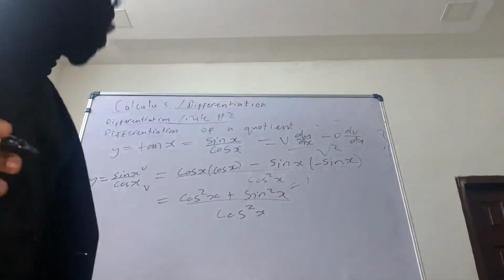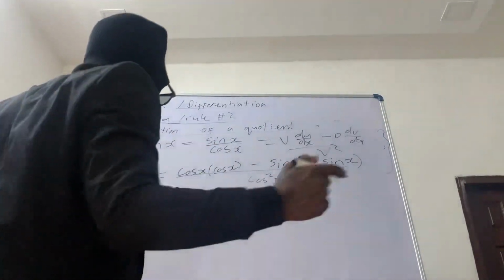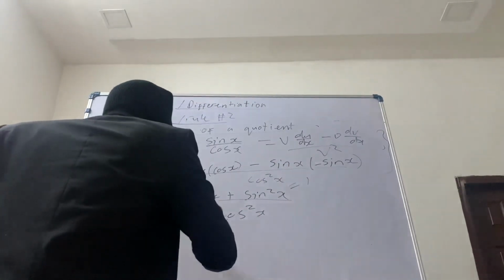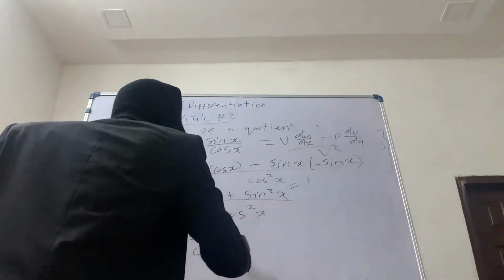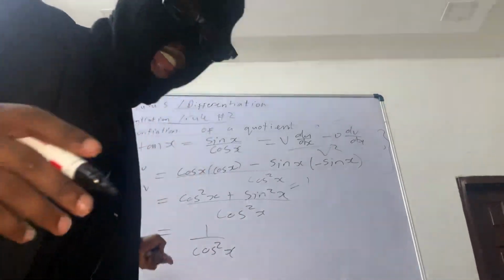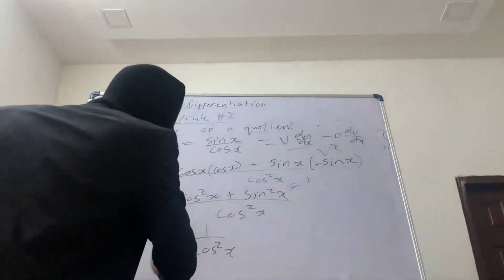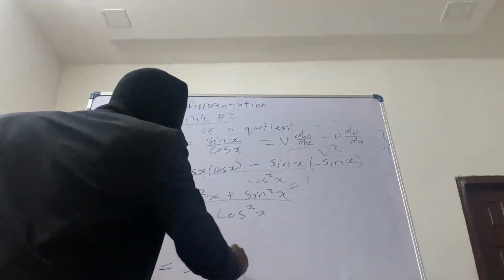One of the identities, we are going to cover everything in our next chapter. So we are going to be left with 1 over cos squared x. Again from trigonometry, from the identities, this is equal to sec squared x.